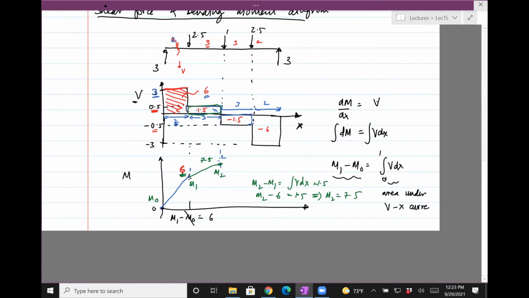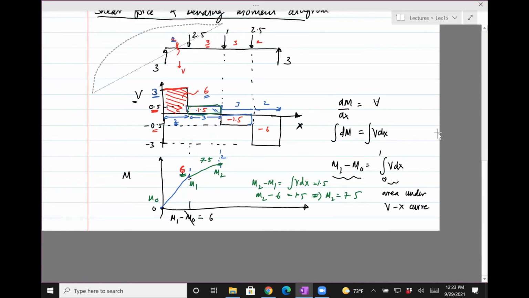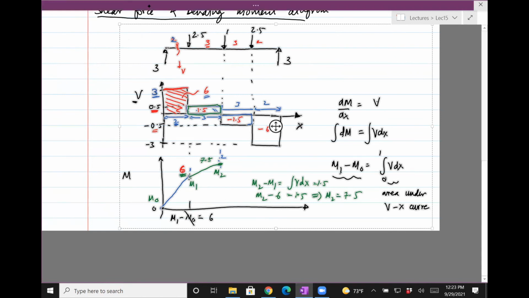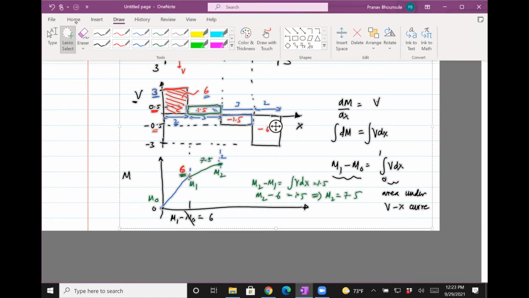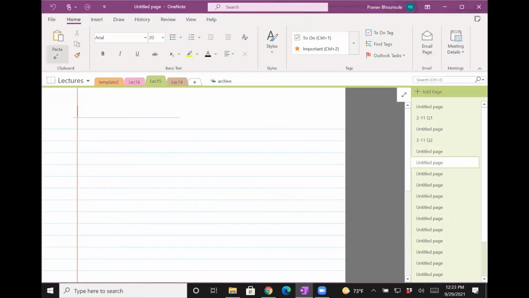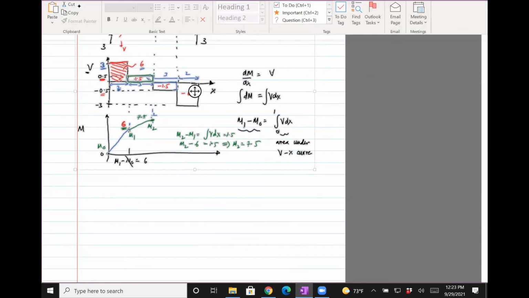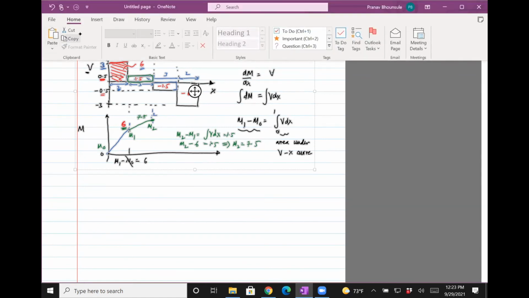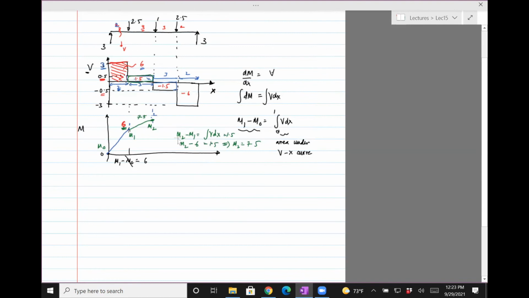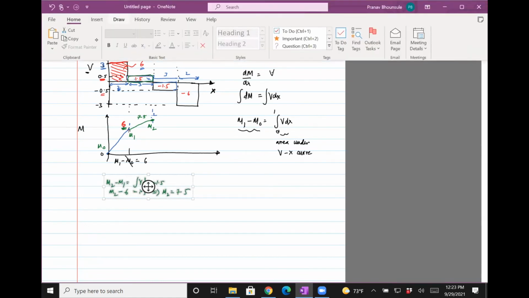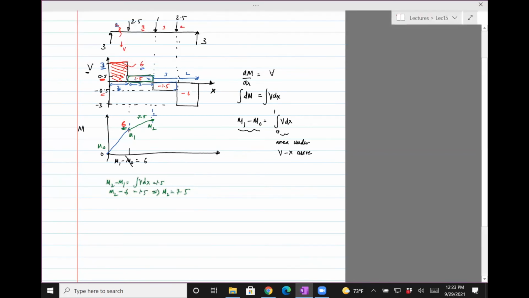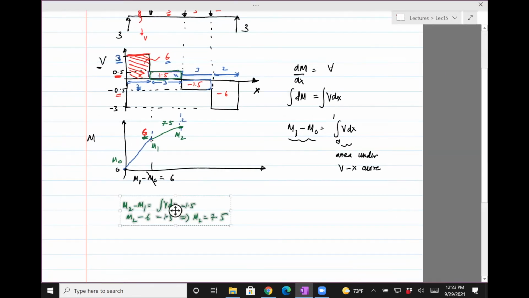Just move this to a different page. Okay, so we can keep doing that, this is m2.